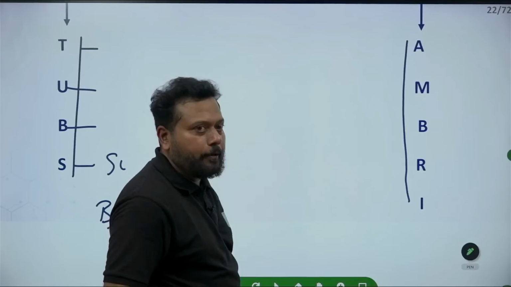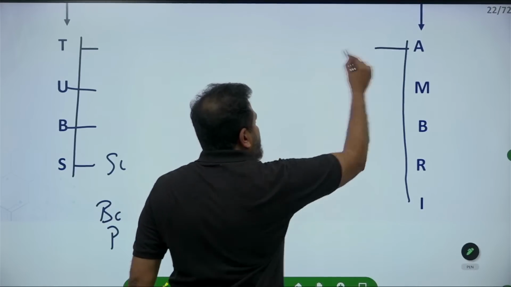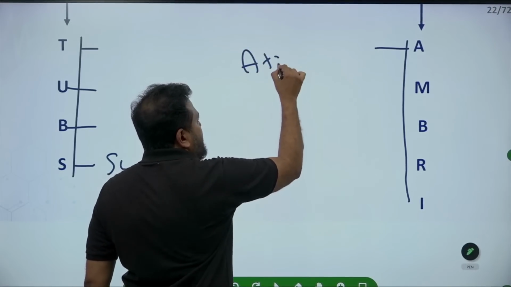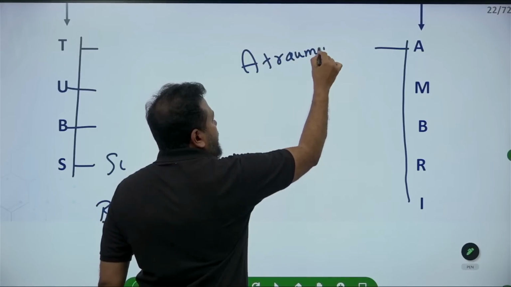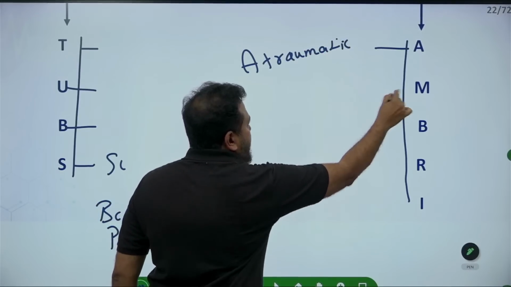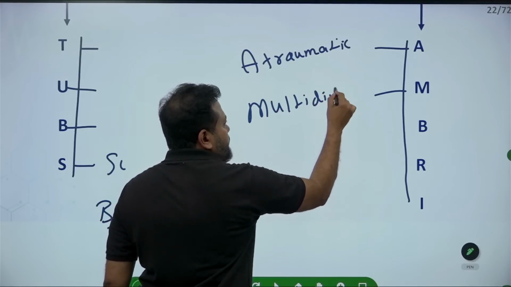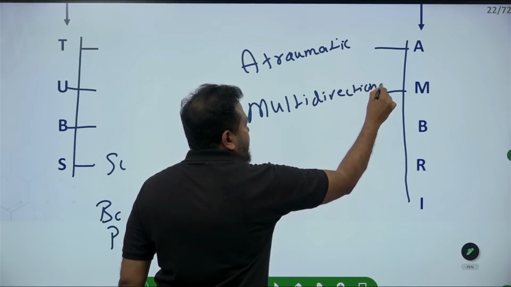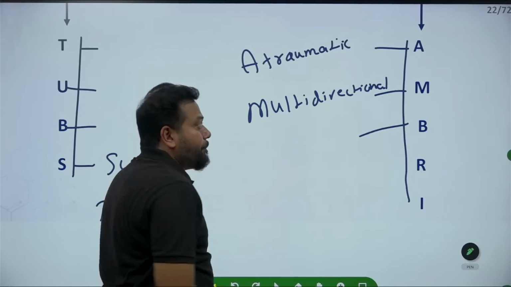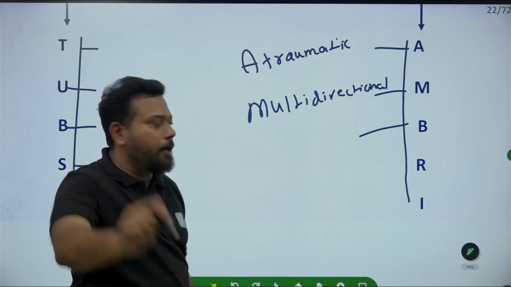A stands for atraumatic. No history of trauma at all. M stands for multidirectional. Here B doesn't stand for Bankart's, it's bilateral.